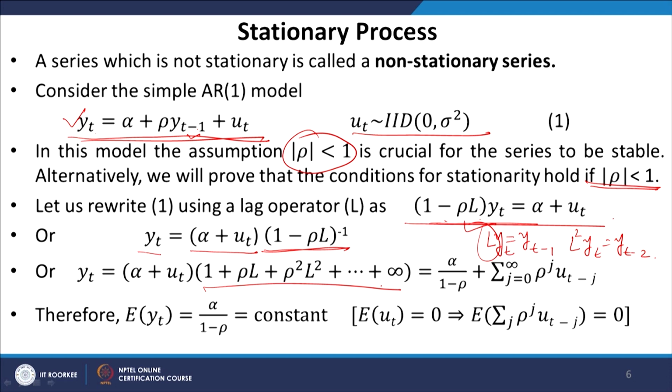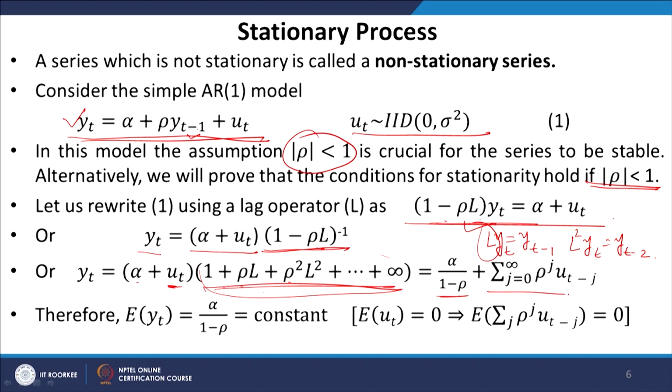Since alpha is invariant of time, the lag operator does not have any role here. So, this is simply alpha divided by 1 minus rho, and when I multiply this expression with u t, I will have u t plus rho u t minus 1 plus rho square u t minus 2 and so on.